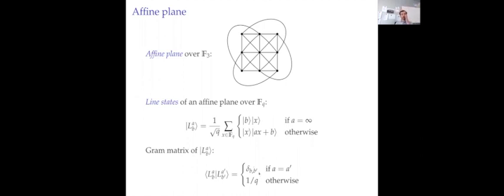Now, the observation that we made with Harry is that these line states are somehow similar to a pair of these mutually unbiased basis vectors. The Gram matrix of these line states is exactly the same as the Gram matrix of these MUB vectors, but you need to square the MUB vectors, so you take 2 copies, and to get the absolute value squared, you put the complex conjugate here.